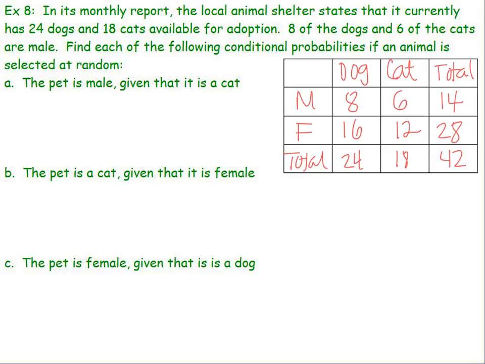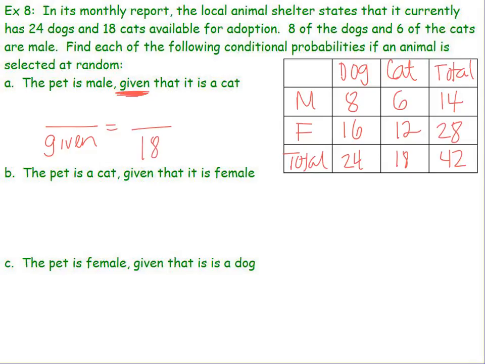We are trying to find a probability that the pet is male given, there's our given, that it is a cat. Remember, your given always goes on the bottom. So we're being told that it's a cat. Well, how many total cats do we have? Cats, if we go down to their total, that would be 18.